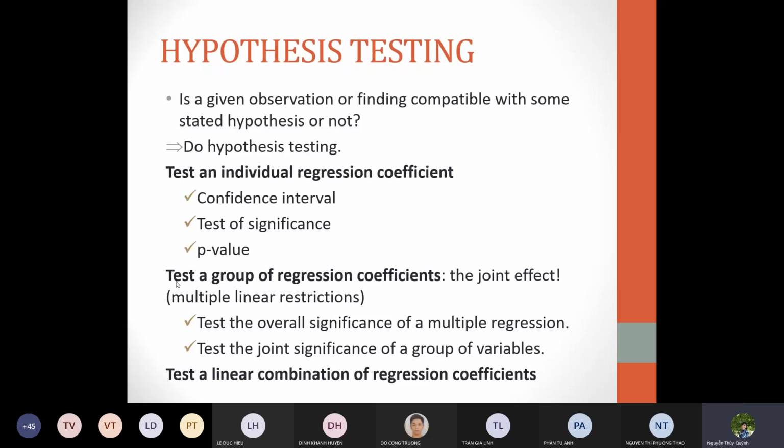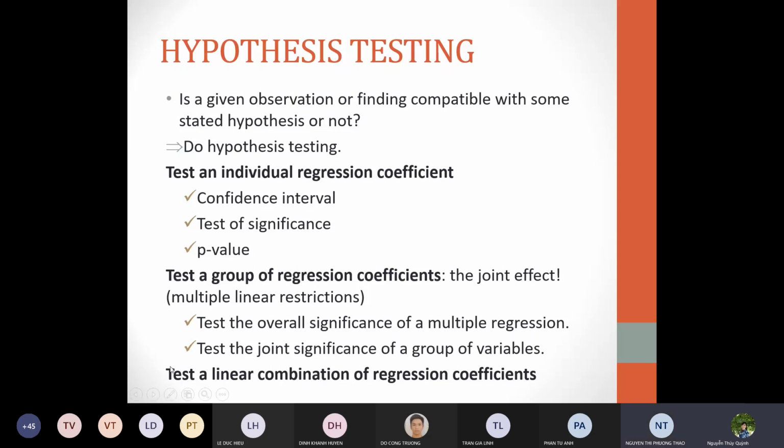It is also called the multiple linear restriction test. For this one, we will investigate two types of tests: the overall significance of a sample regression model, and the joint significance of a group of variables.